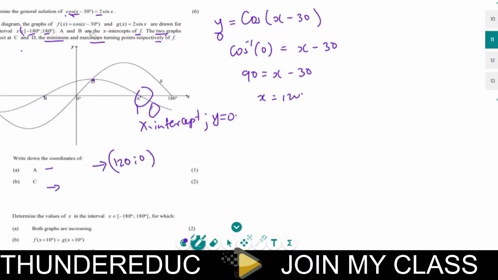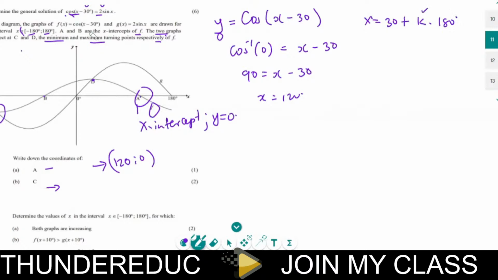And then the coordinates of C. We see that C is the intersection, the meeting point, of the two graphs. Now from our general solution, those equations that we found represent where the two graphs will be meeting. The first equation was 30 plus k times 180.